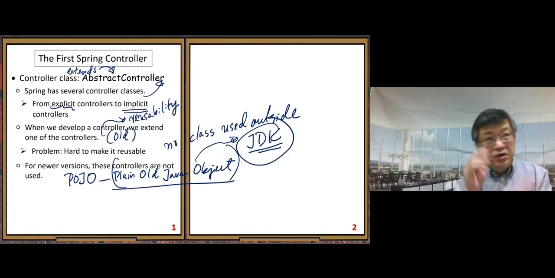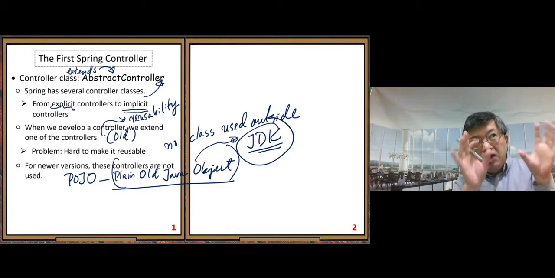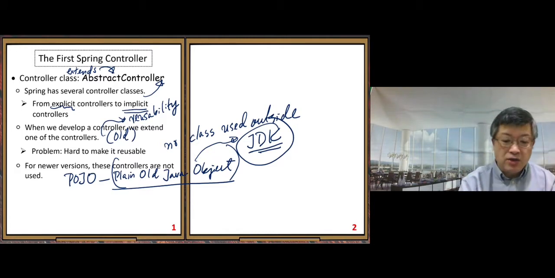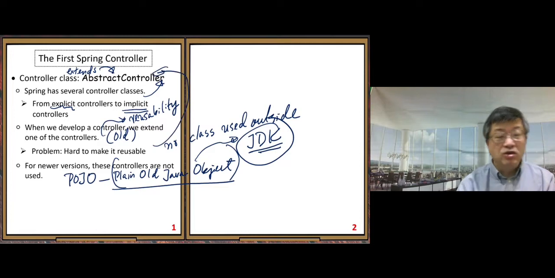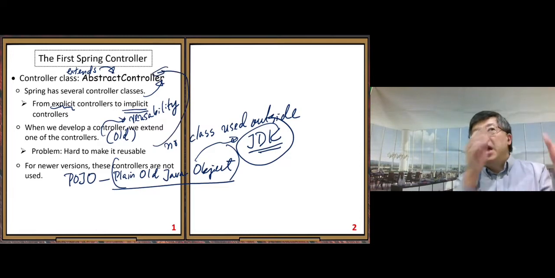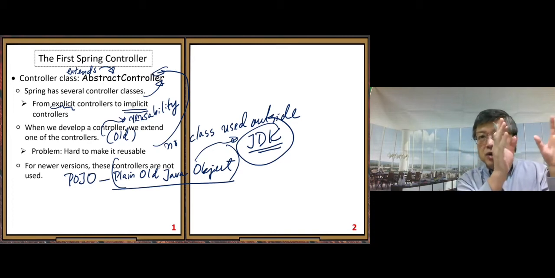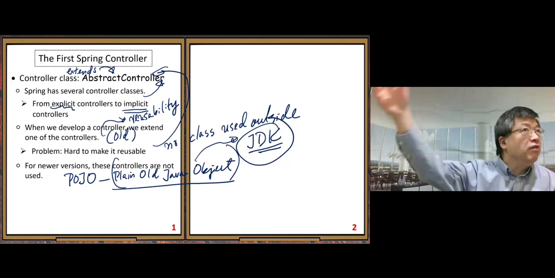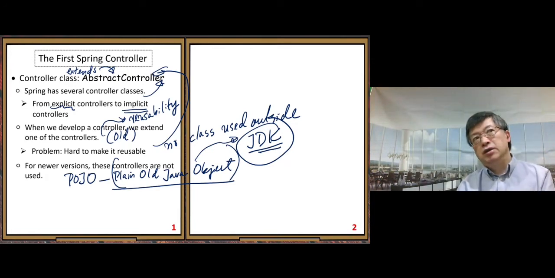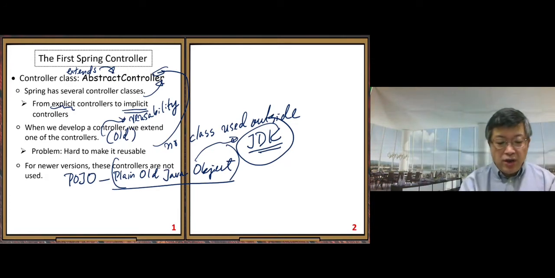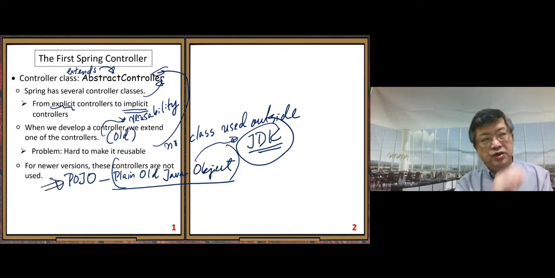But if you use special third-party Java classes, you cannot guarantee those classes are still available when you move to different environments. That's the reason the Spring community promotes this POJO approach.